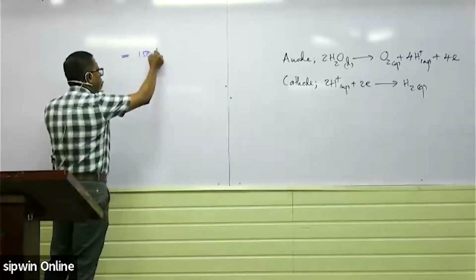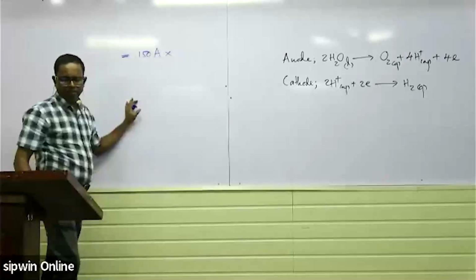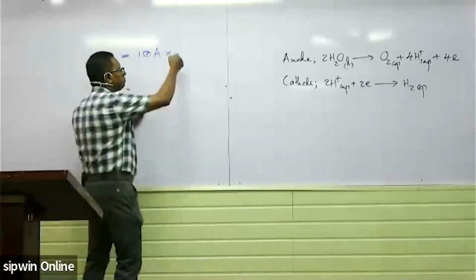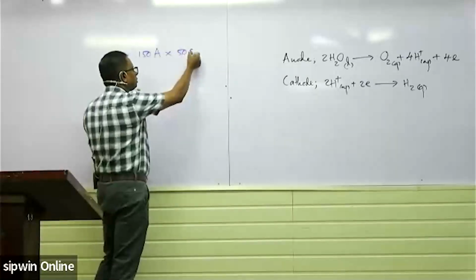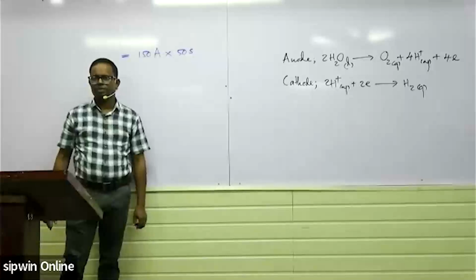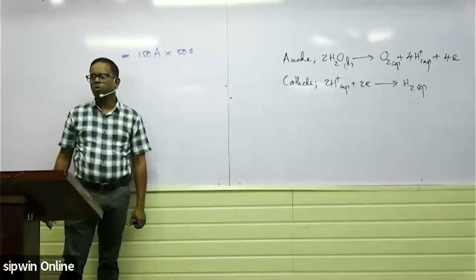Time is given as 50 seconds. If time is given in minutes, you have to convert it into seconds, because ampere second gives the coulomb.